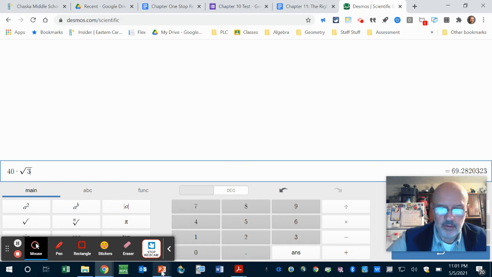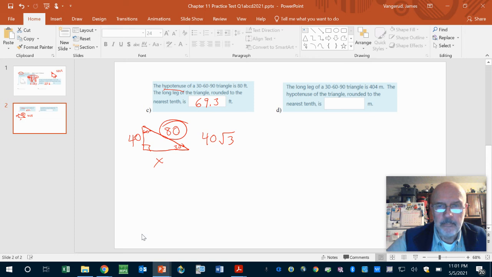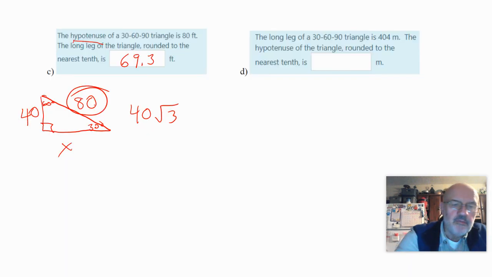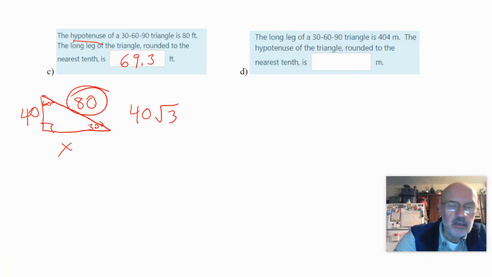All right, let's go back to the last problem in this video. And that is this one. The long leg of a 30-60 right triangle is 404 meters. The hypotenuse of the triangle rounded to the nearest tenth is, all right, let's see. Let's figure that one out. Let's change colors, so a little variety here.